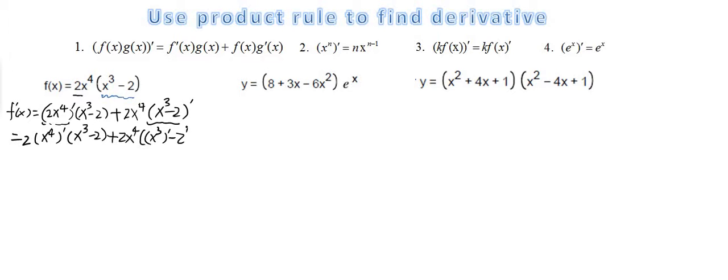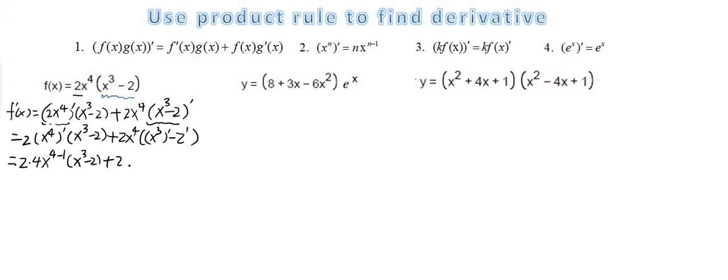Okay. Now let's take a look. For the first term, we have the power rule, right? Power rule. So the derivative of x to the power 4 should be 4 times x to the power 4 minus 1.